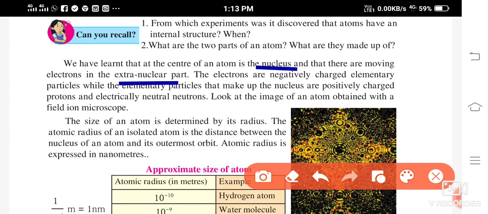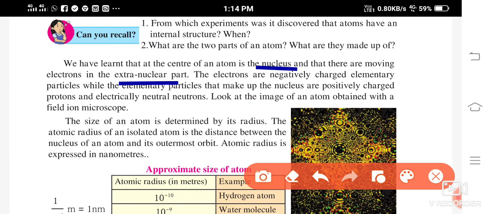The electrons are negatively charged elementary particles, while the elementary particles that make up the nucleus are positively charged protons and electrically neutral neutrons. See, the central part contains the nucleus and the protons.